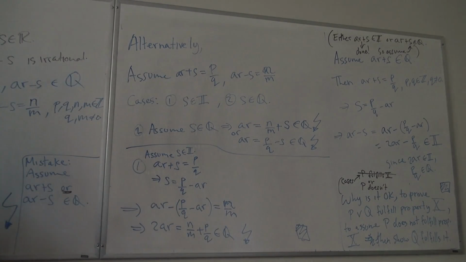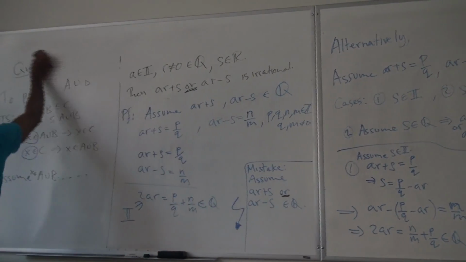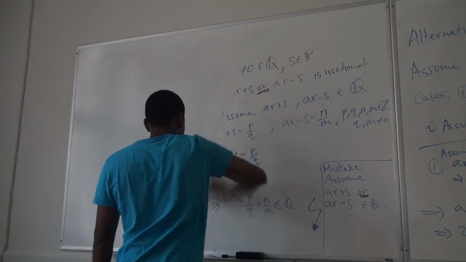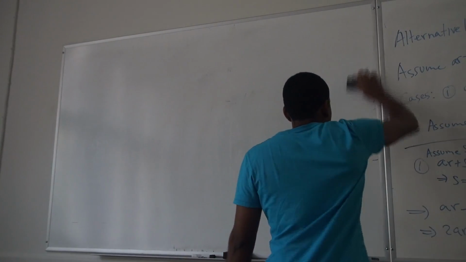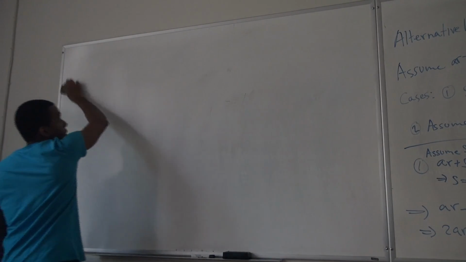So this is a general technique. It's useful sometimes if you want to prove something fulfills a property. Just assume one thing does not fulfill a property and show the other one does. That's just for future advice.